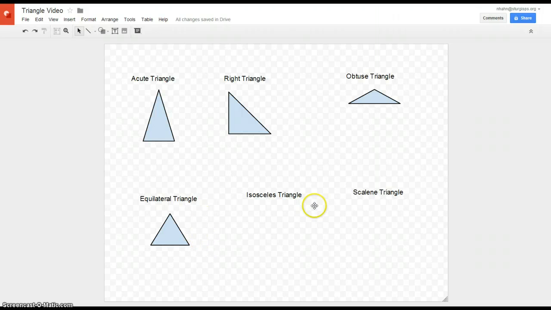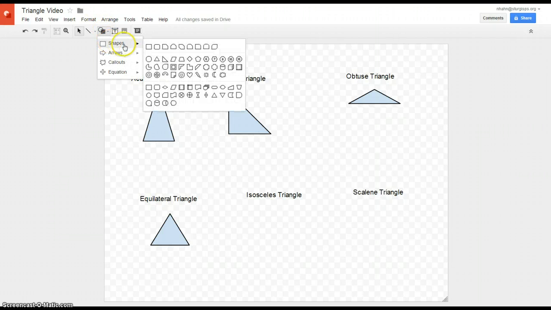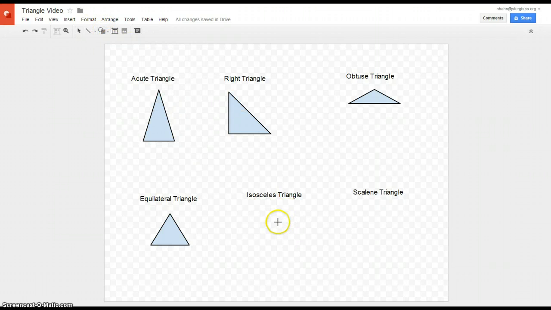An isosceles triangle has two equal sides. The third side is a different size. Isosceles triangles can also be classified as acute triangles, obtuse triangles, or right triangles. They must have two sides that are the same size.